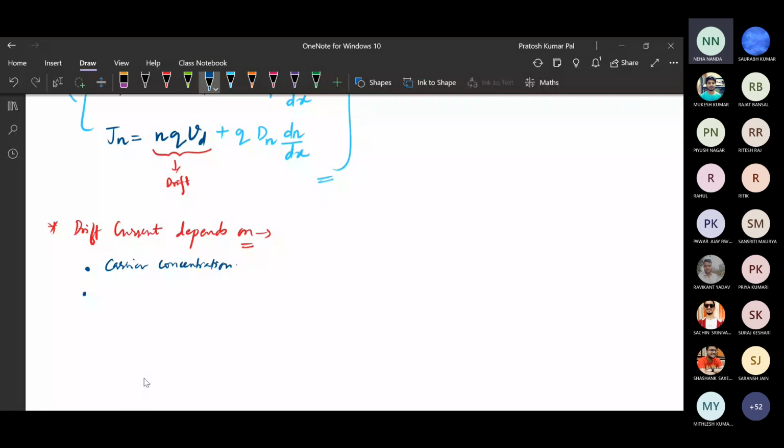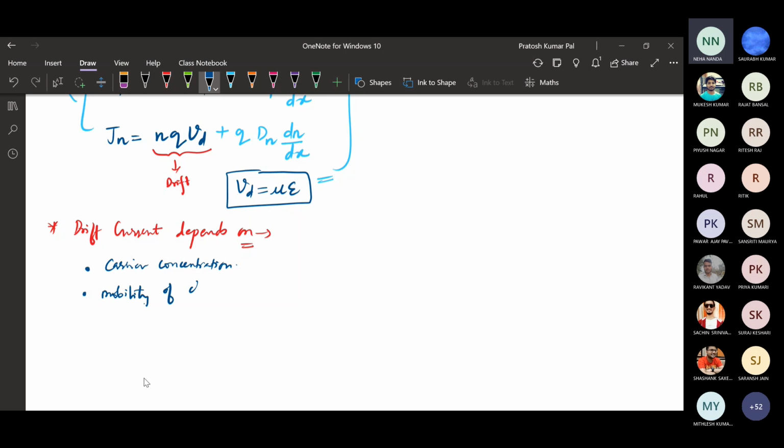Next one is Vd, and this Vd is mu into E. Drift velocity is given by mobility into the electric field intensity. So if we put this value, we can find that the drift current will depend on the mobility also.